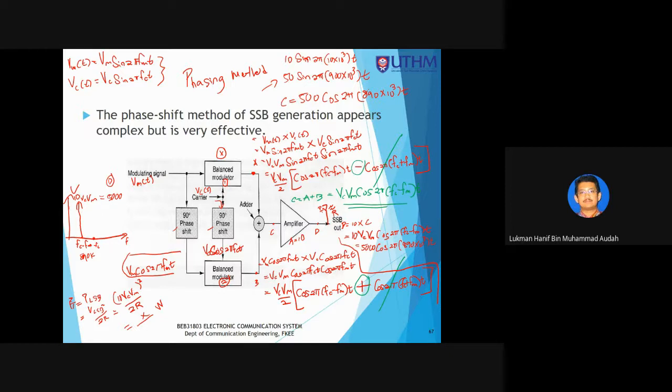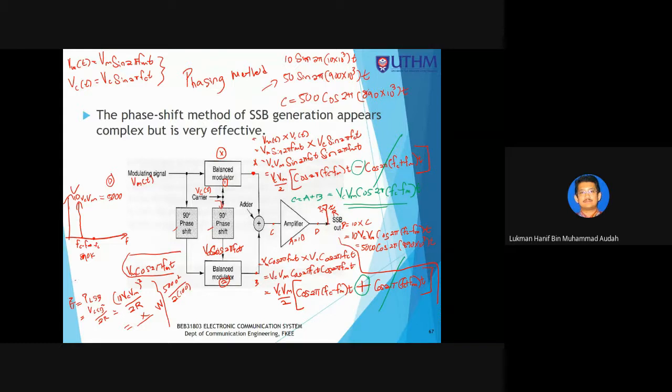So kira lah dia punya watt berapa. Kalau R sama dengan 100, so ni you kira. Kalau power, maknanya 5000 kuasa 2 dibahagikan dengan 2R. Katalah R ini sama dengan 100 ohm, for example. Okay, let's say R is equal to 100 ohm.